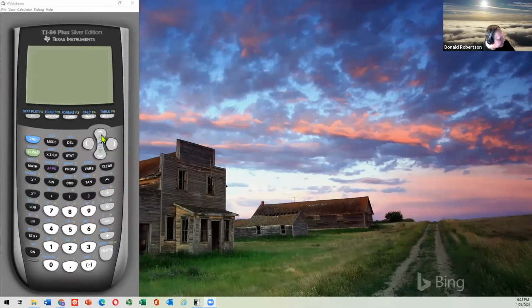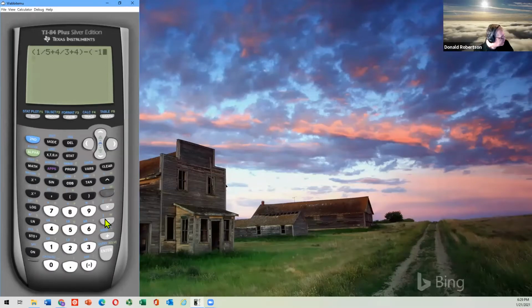I'm not putting the pi in, that gets stuck on at the end, but I'm going to go a bracket. 1/5, add 4/3, add 4. Close the bracket. Take away, start a bracket, negative 1/5, subtract 4/3, subtract 4, close the brackets.